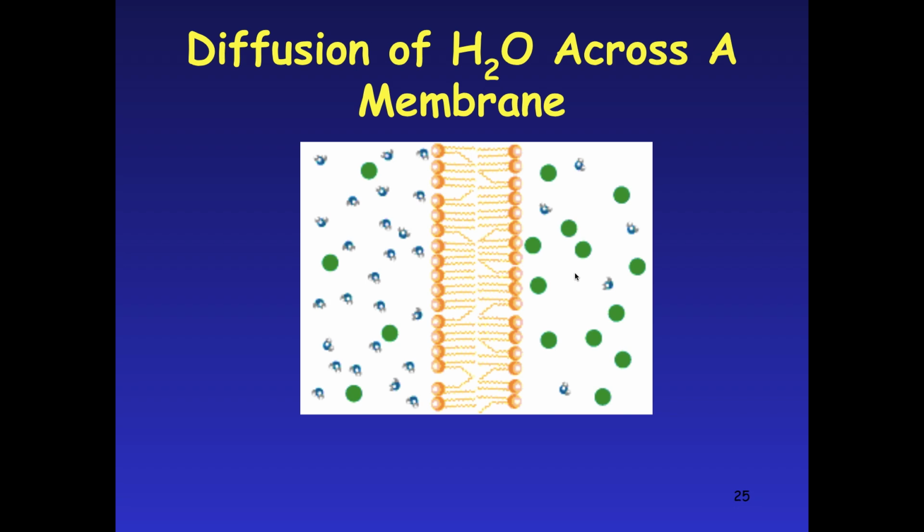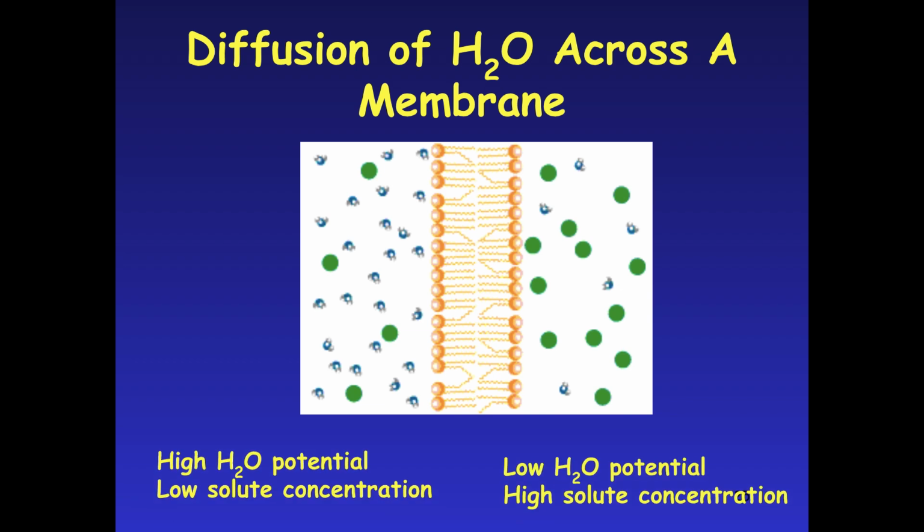So we're talking about osmosis, which is the diffusion of water. So the question you always need to ask yourself is, which way is the water going to move? Is it going to move into the cell or out of the cell, or is it going to stay the same? In this case, it moves across.